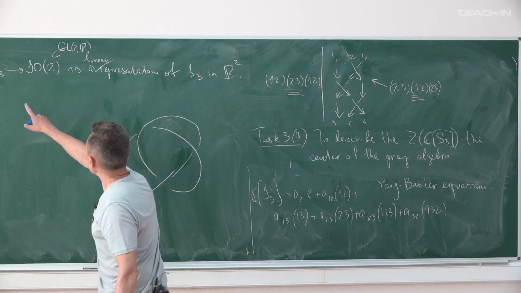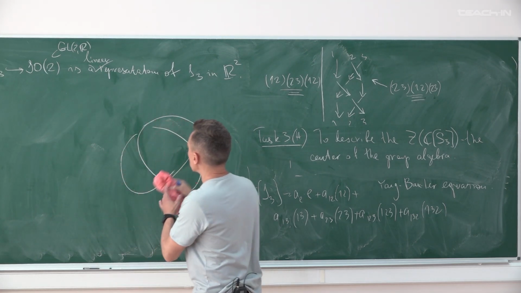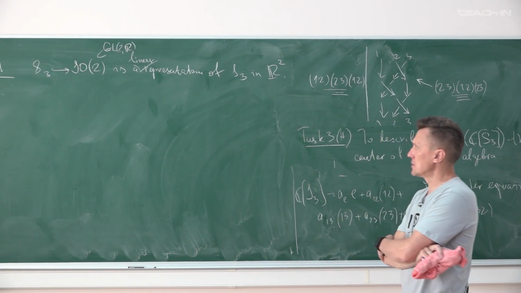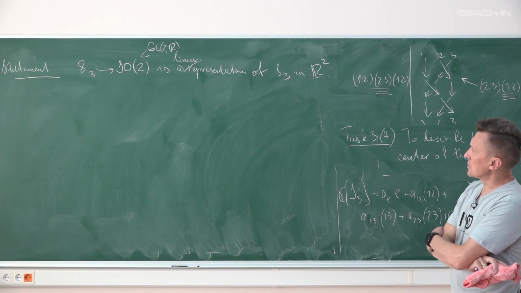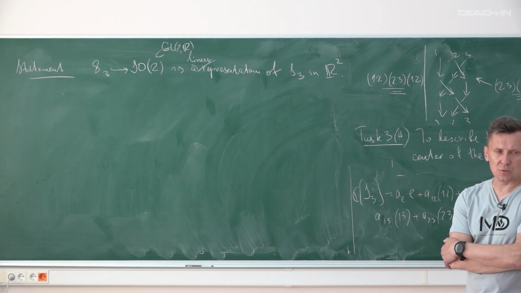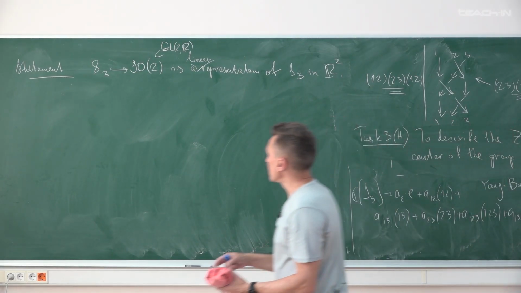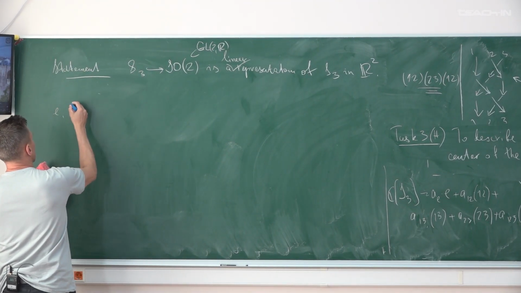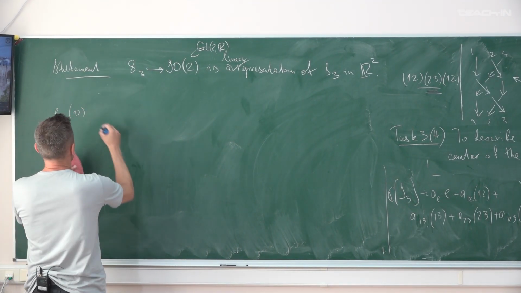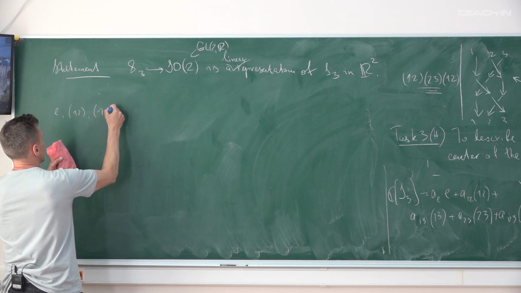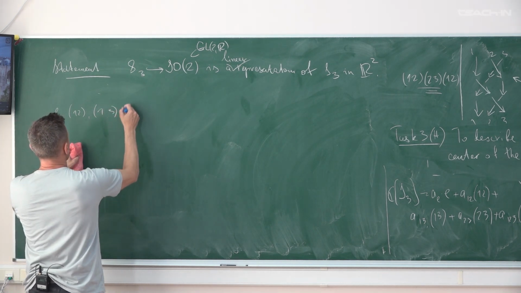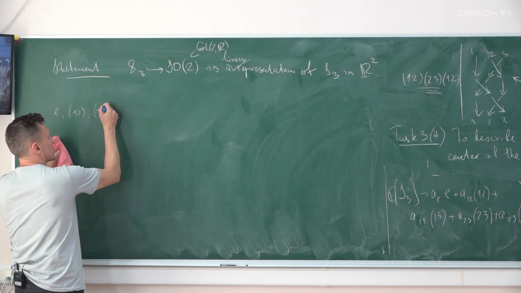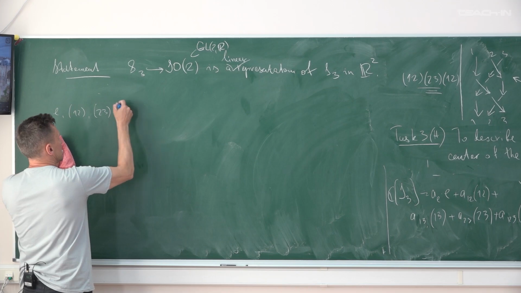Okay, but we are working now in this context, so I don't know, maybe it's better to write it in coordinates, so you know now the generators of this group: (1,2), (1,3), (2,3). I'd like to write it 1.